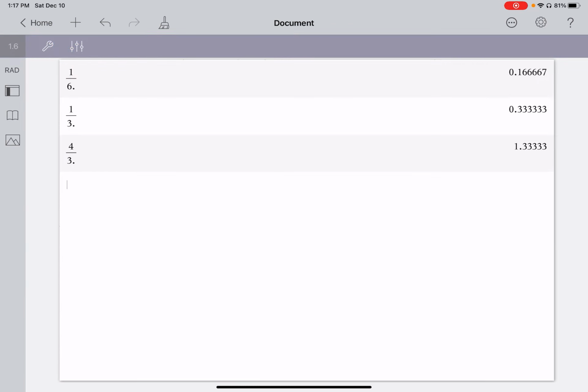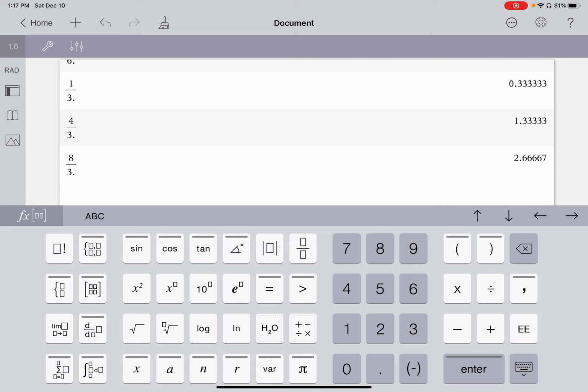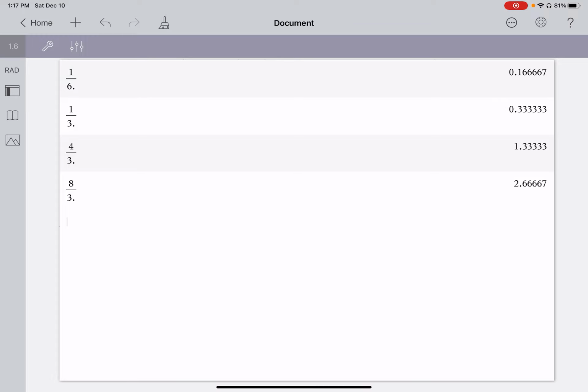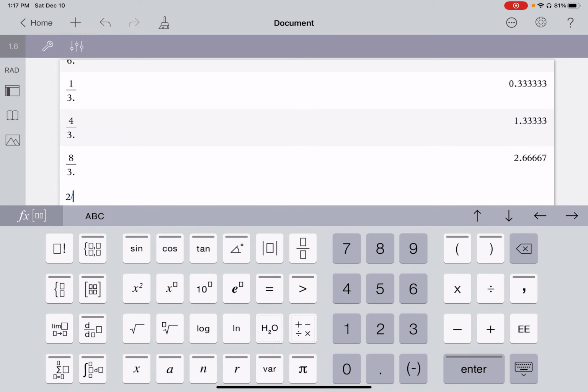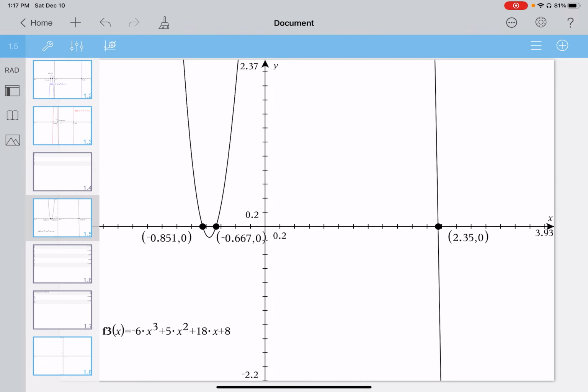Then we had 8/3. 8 divided by 3. 2.667. Is that one of the options? Nope. We also had 2/3. 0.667. Was that on there? Okay, that one is on there as a negative value, so it's the middle one.